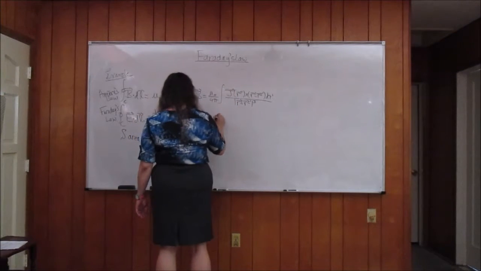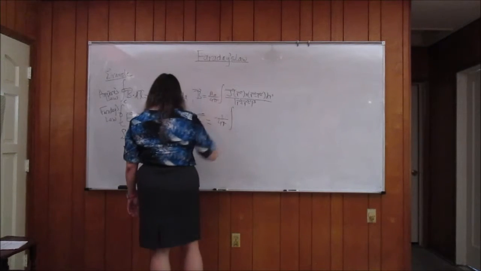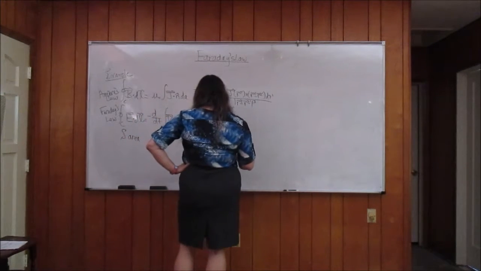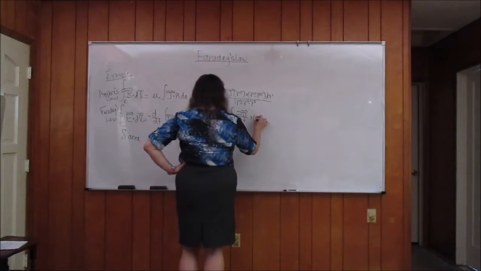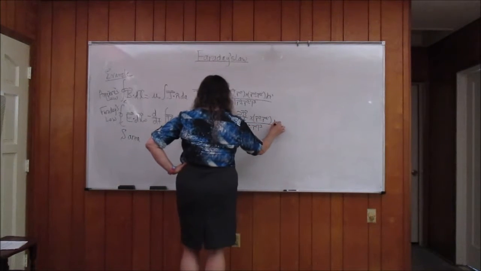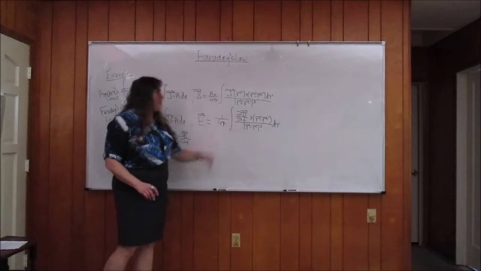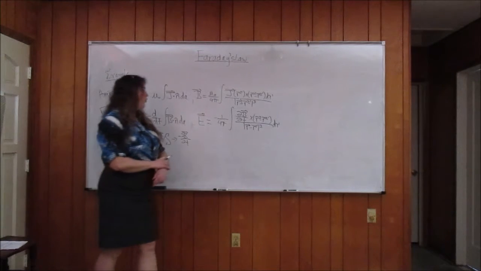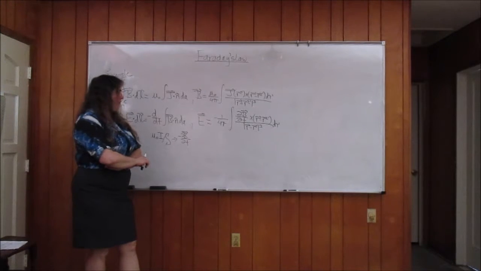I can write this as minus 1 over 4 pi times the volume integral of the partial derivative of the magnetic field with respect to time crossed into the separation vector over the magnitude of the separation vector cubed.